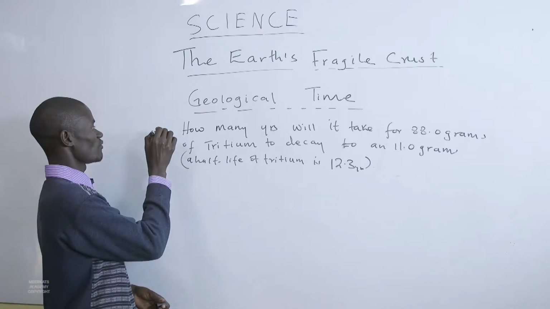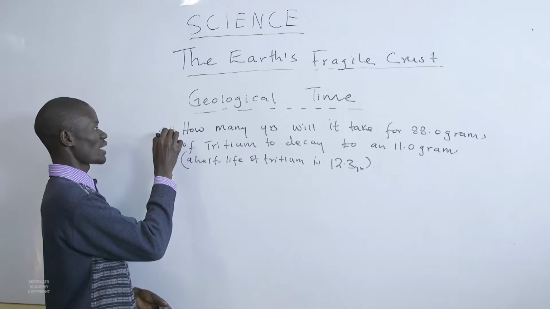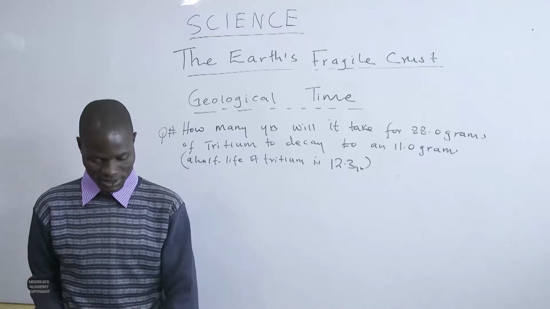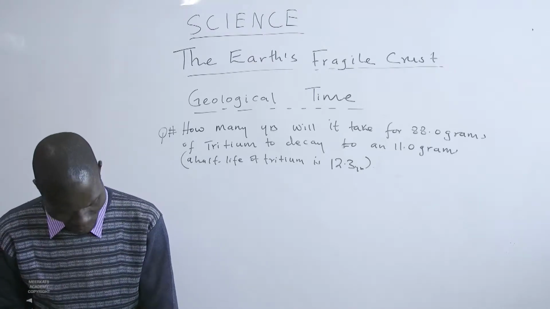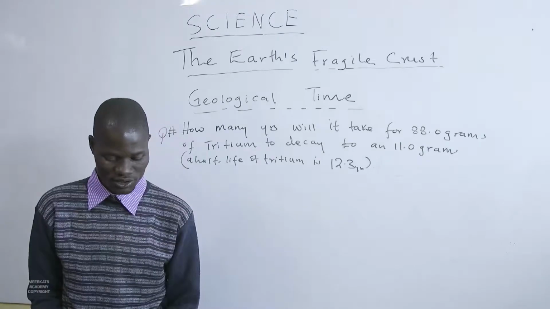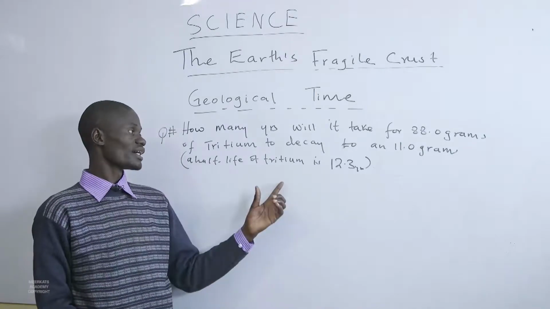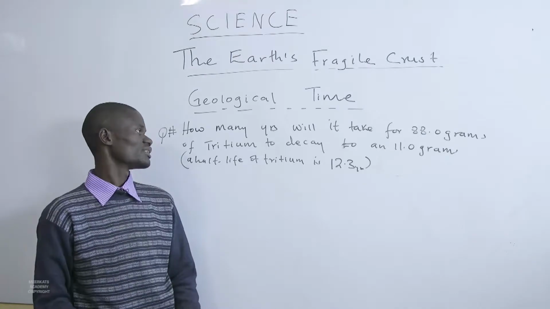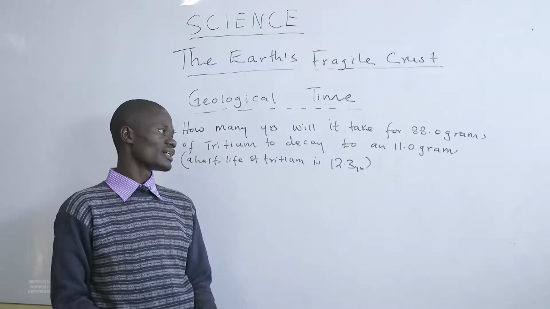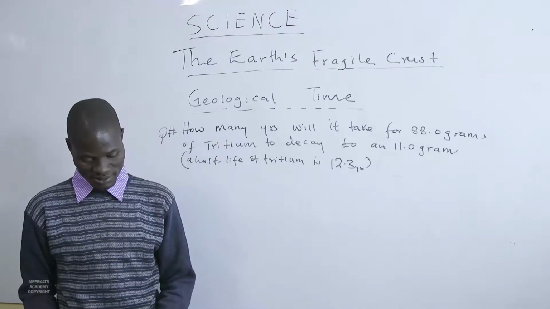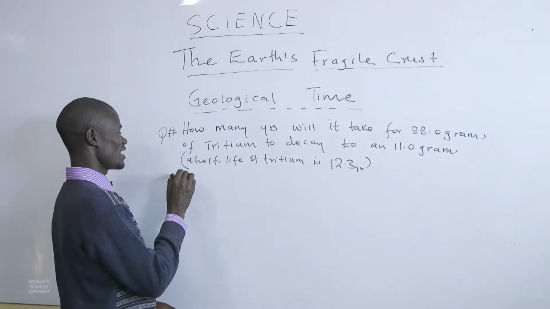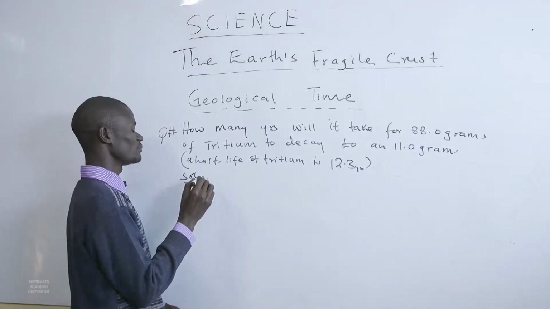This is an example of a question that we may work out when we are looking at absolute dating. How many years will it take for 88 grams of tritium to decay to 11.0 grams, given that the half-life of tritium is 12.3 years? We are going to work it out arithmetically shortly.